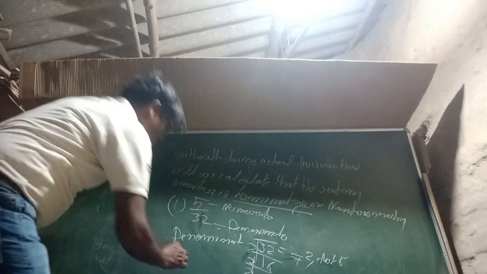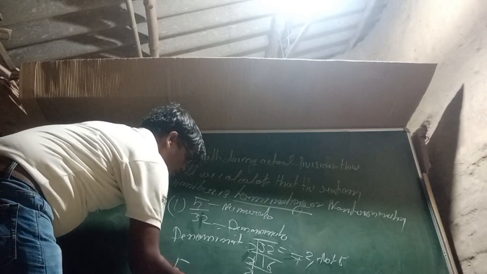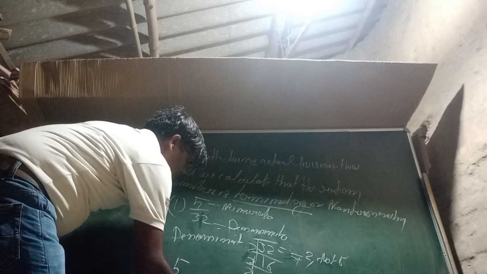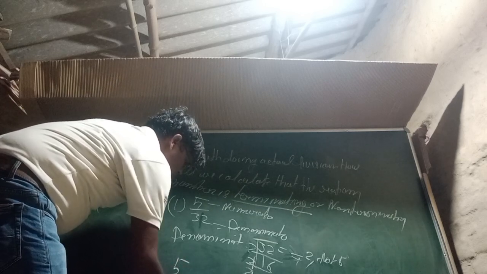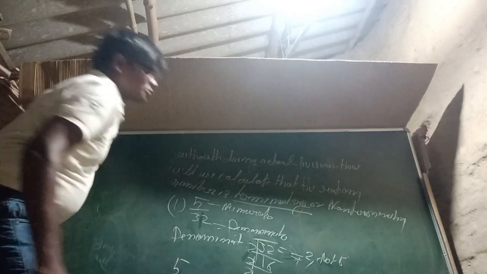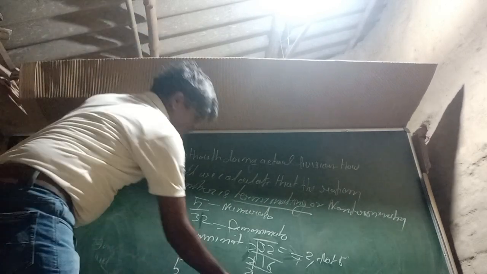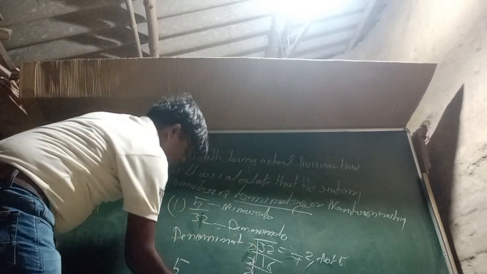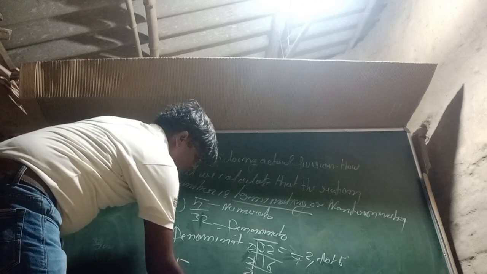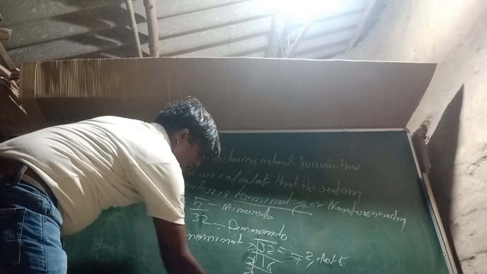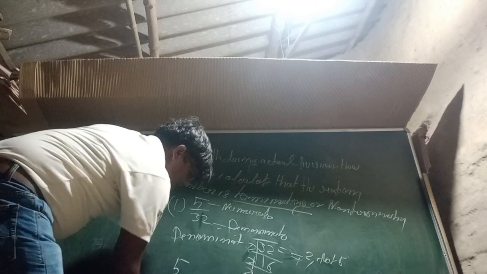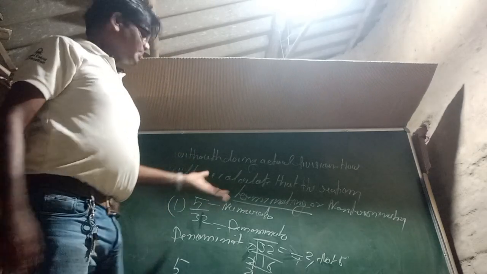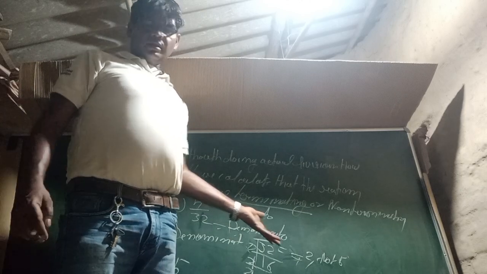So we can write 5 by 32 with denominator 2 to the power 5, since 32 is equal to 2 to the power 5. So this number is a terminating decimal number.